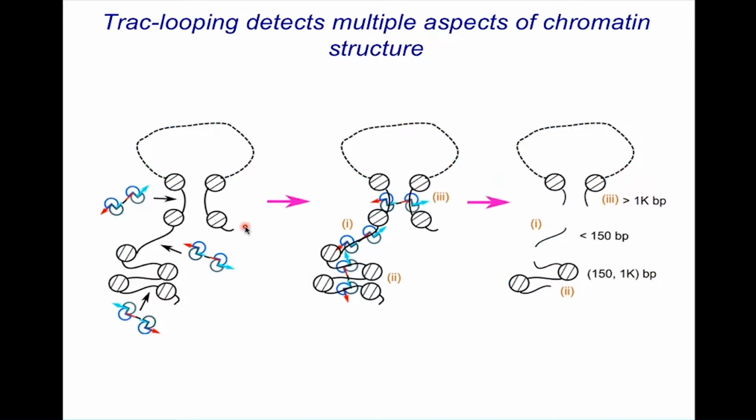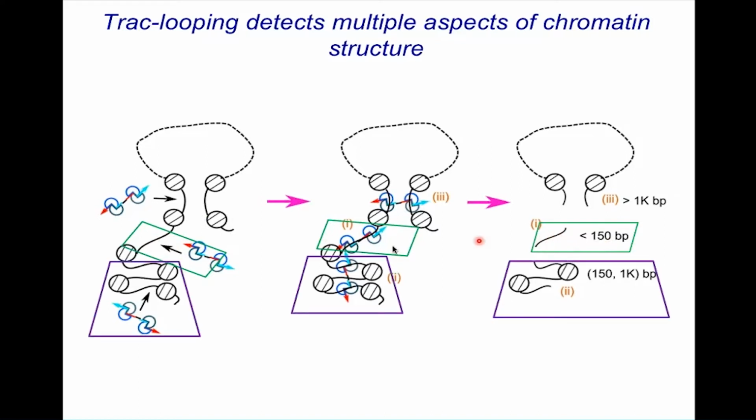This tetrameric bivalent complex can be inserted into different chromatin regions and therefore reveal different information about chromatin organization. When it is inserted into a nucleosome-free region, it generates PETs smaller than 150 base pairs, revealing chromatin accessibility.